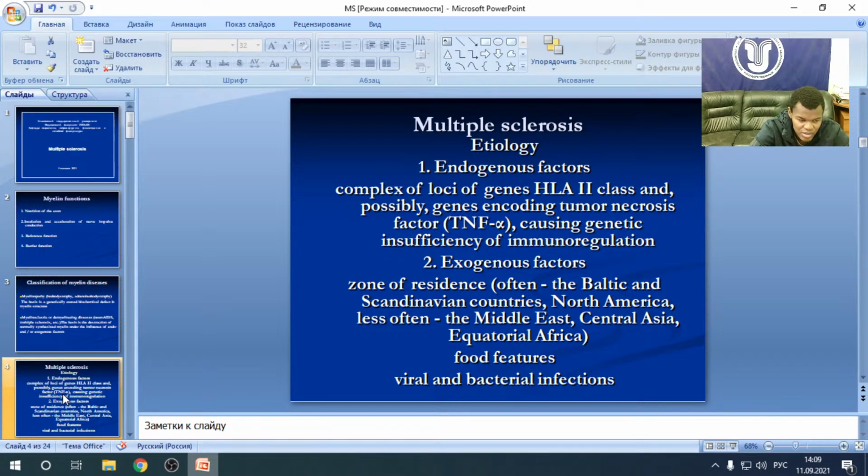Also there are viral and bacterial infections. Viral and bacterial infections can also cause MS, right?